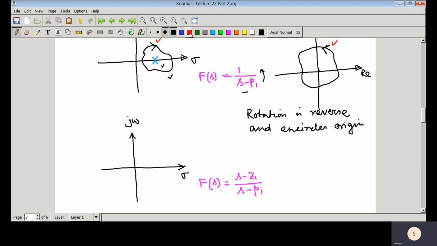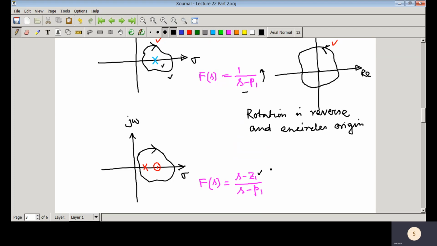Now suppose you have one pole and one zero, and the contour encircles both the pole and the zero. So what happens whenever it encircles poles and zeros?